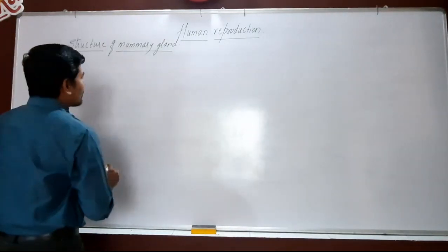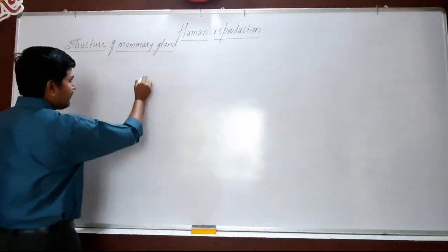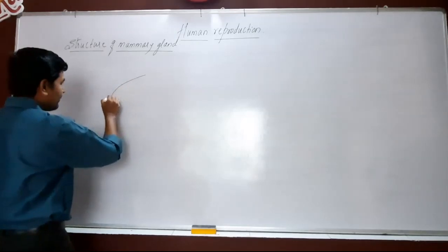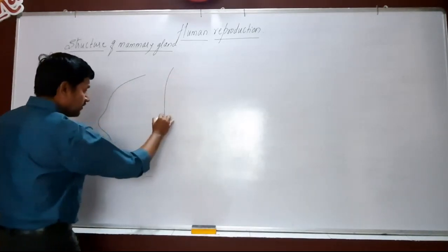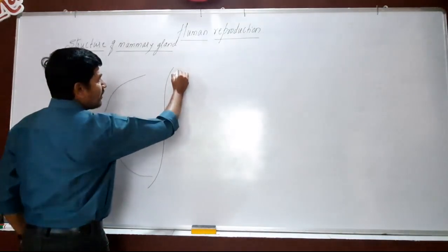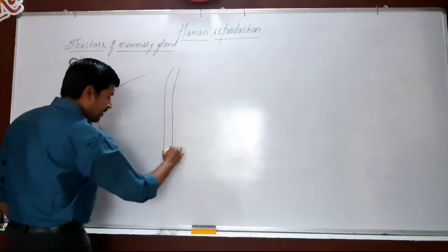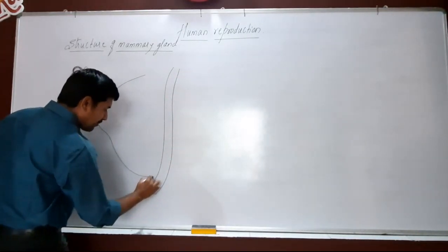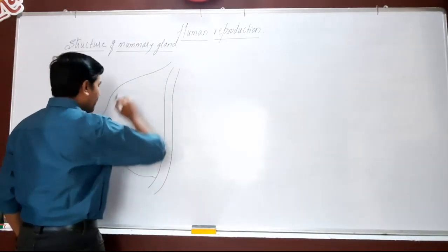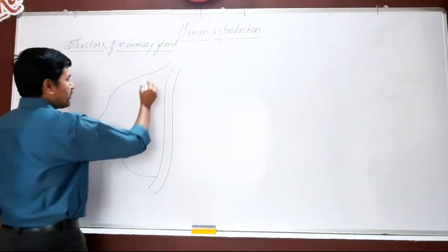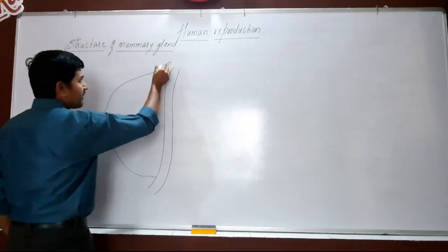Now if you look at the structure of the mammary gland, these mammary glands are also termed as the breasts, and we observe different structures here.